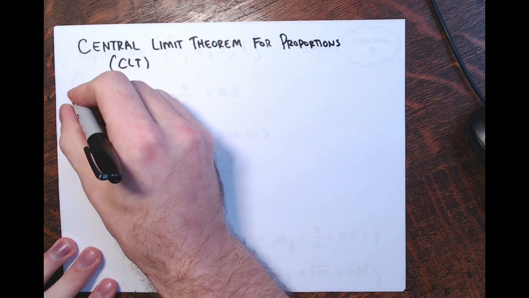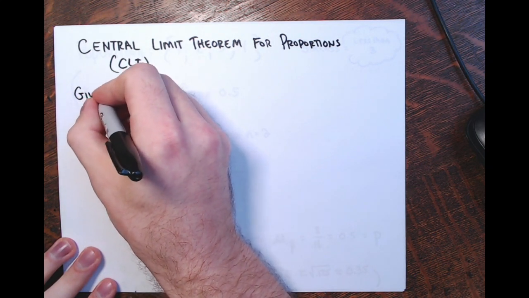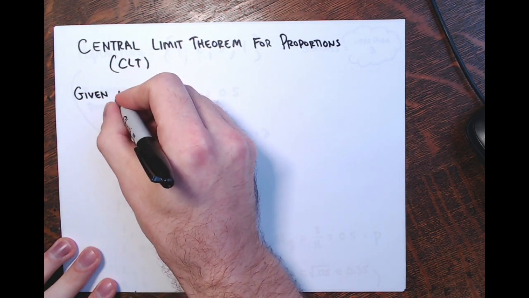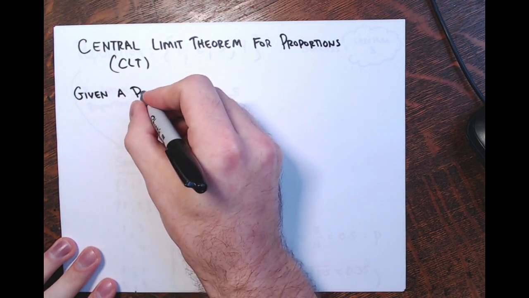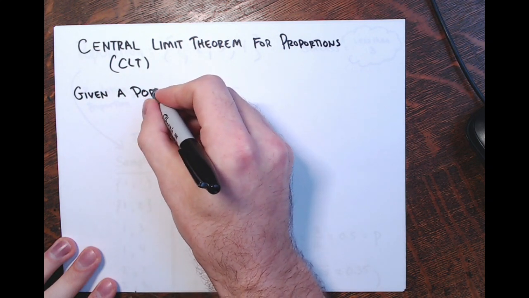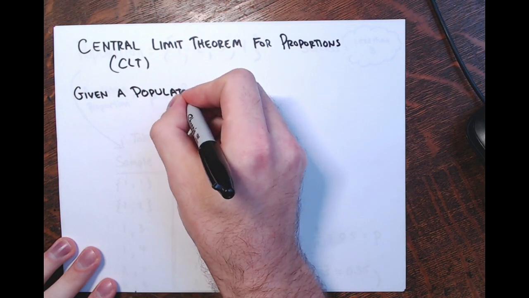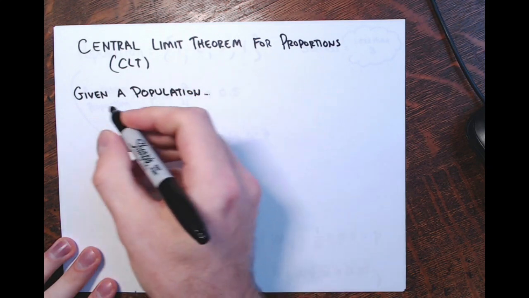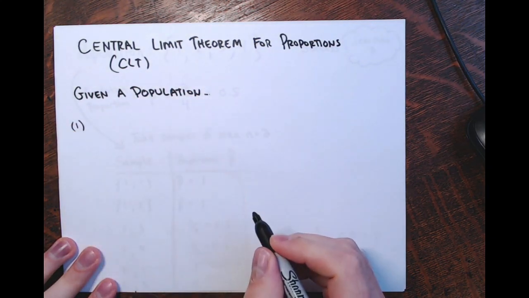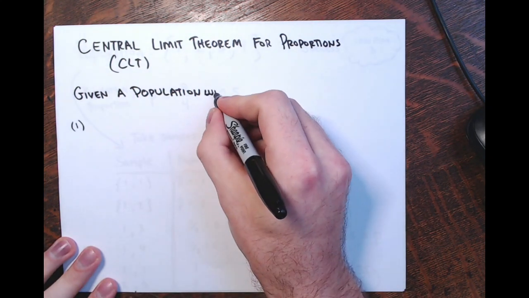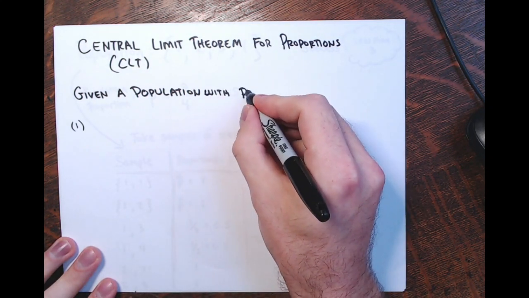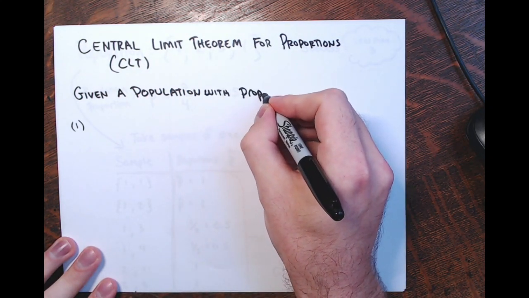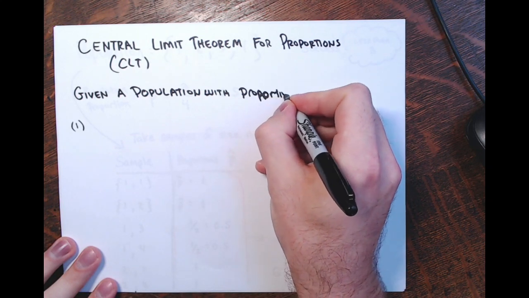So say we're given a population, given any population, with proportion p, the proportion of successes p.